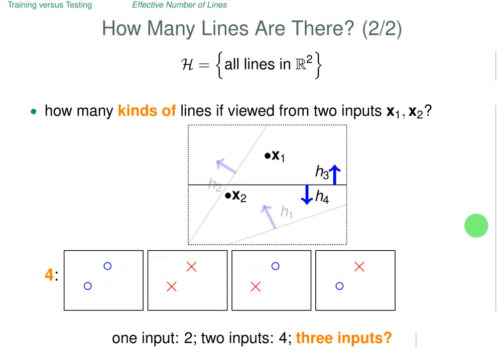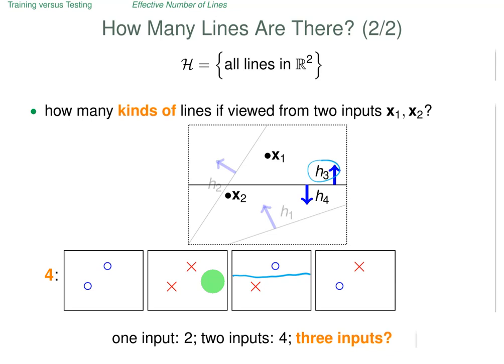Here we can see again, H1 will identify x1, x2 as 2 blue, and H2, for example, 2 reds. H3 could be here, okay, identifying it as a blue circle or red cross.